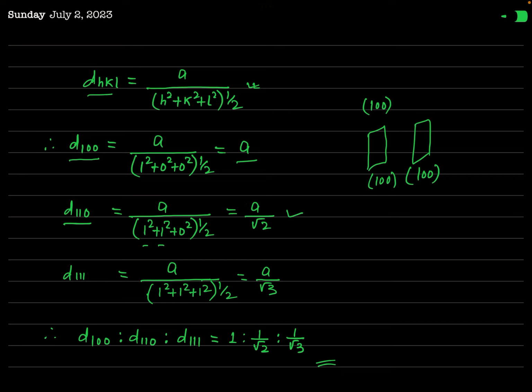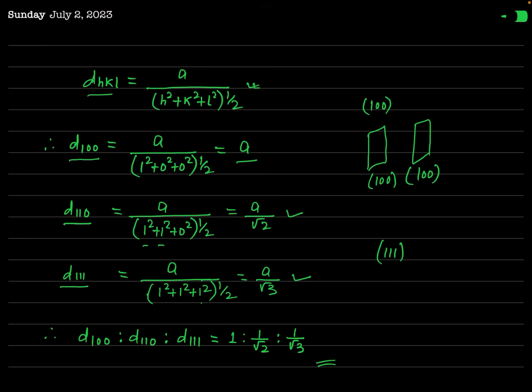So that will be A by root 2. Okay. And if we consider the plane 1, 1, 1 in the cubic system, then the separation between two such planes will be denoted by D_111, and that will be A divided by root over 1 square plus 1 square plus 1 square. That is simply A by root 3.